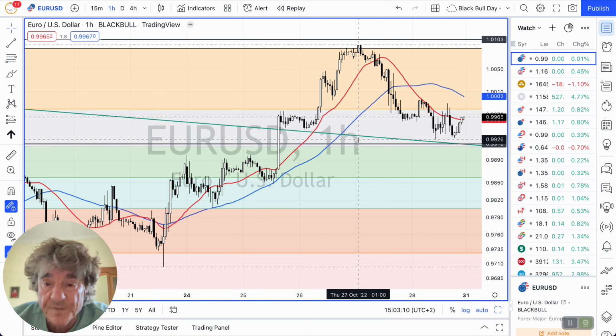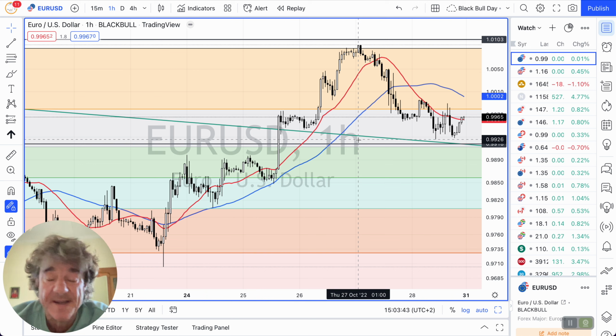There is potential for the euro to move lower, and we probably will get some wild swings overall in all the markets on Wednesday when the Fed comes out with its interest rate number, which could be 0.5 or it could be 0.75. I'm hoping for 0.5%, which means that we might get some life back into the euro, the pound, gold, stocks, silver, that sort of thing. We'll have to wait and see.